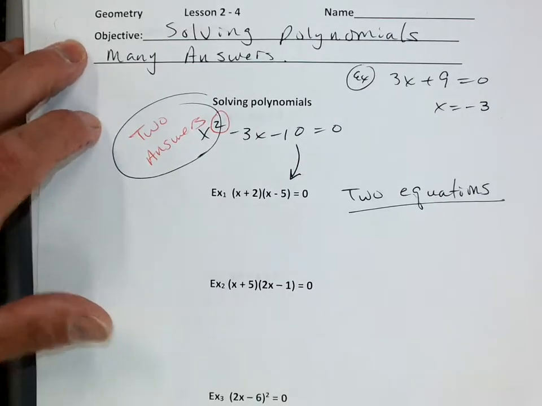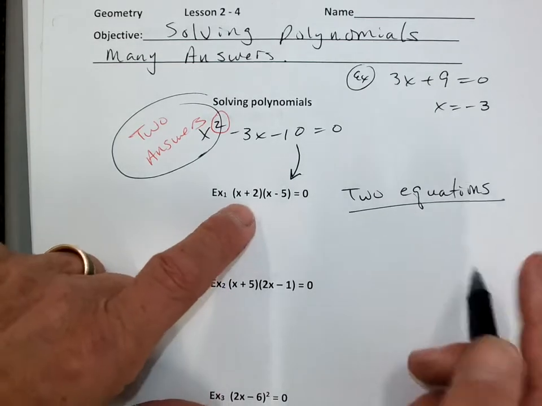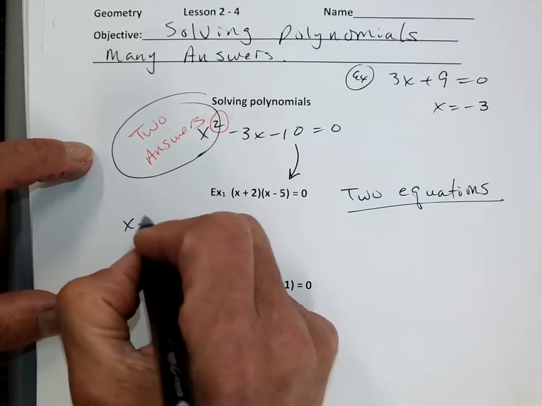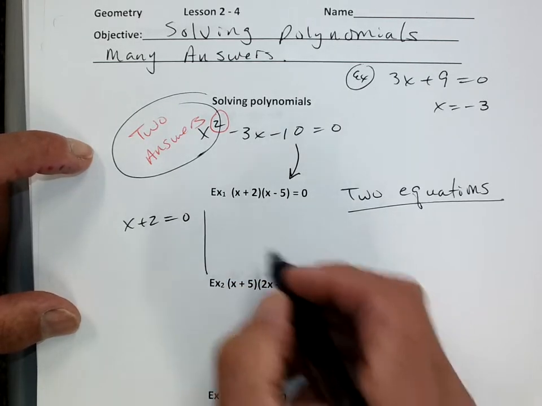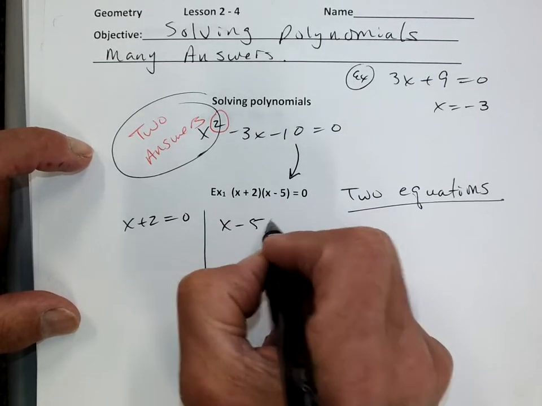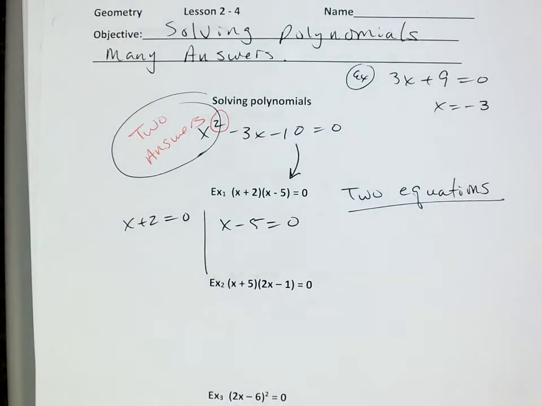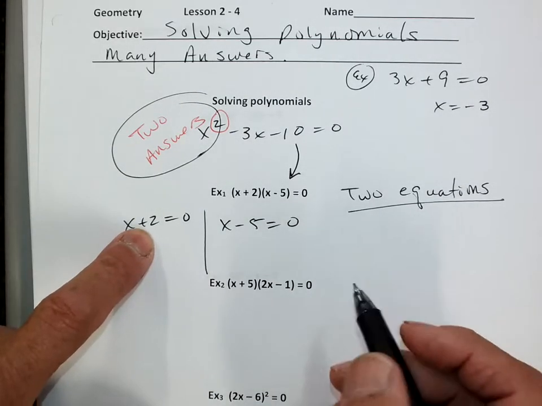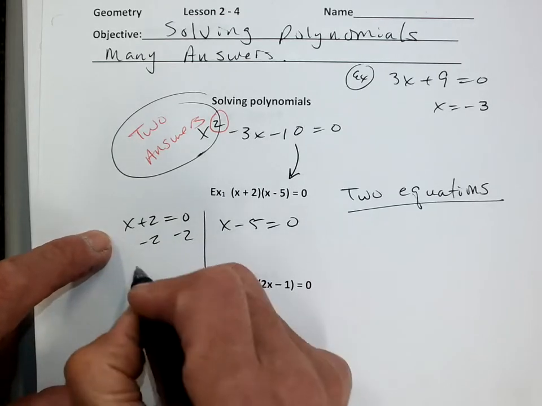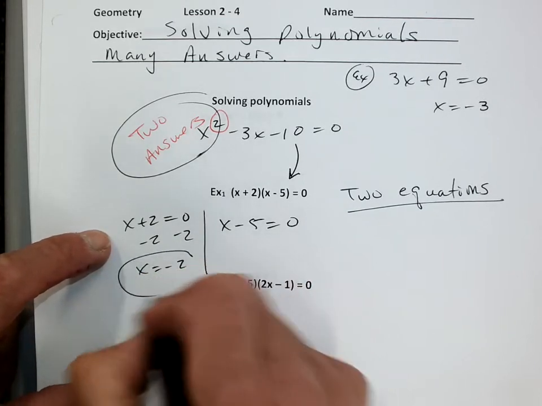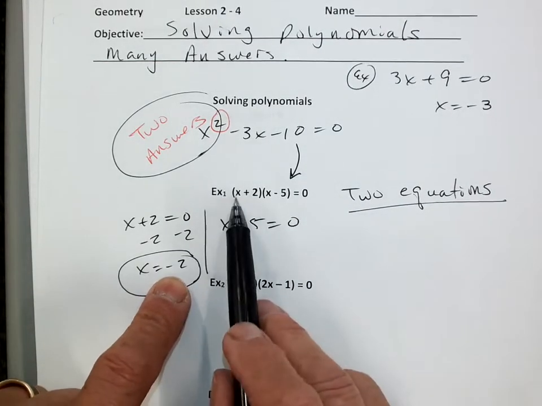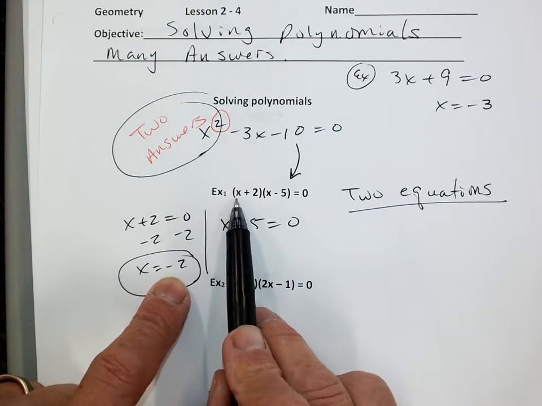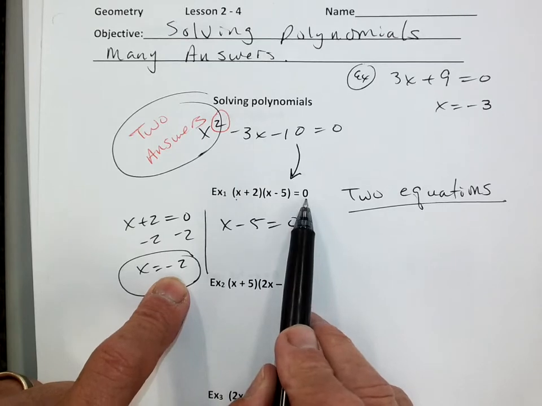So one equation is going to be simply x plus 2 equals 0. And the other equation is just simply x minus 5 equals 0. Then to solve, I'm just going to go minus 2 minus 2, and I'll have x equals negative 2. That is one answer. In fact, if you put the negative 2 into here, negative 2 plus 2 makes 0.